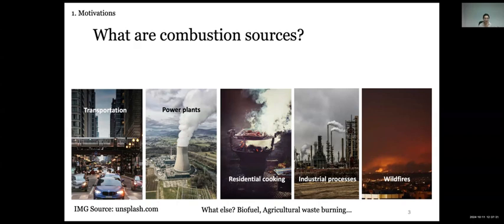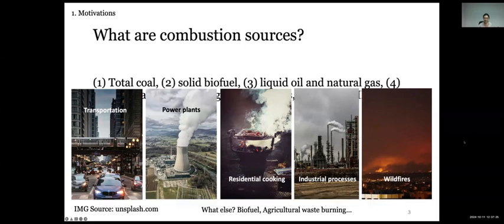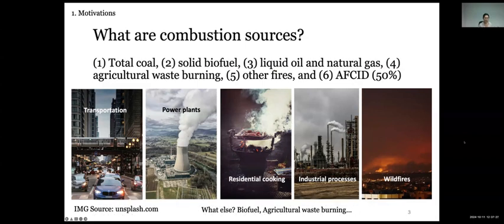And then in this study, we basically focus on 6 primary categories of combustion sources for better identification. So we categorize all these sources in different fuel types. So first of all, we estimated the effects of total coal, solid biofuel, liquid oil, natural gas, agricultural waste burning, and other fires.